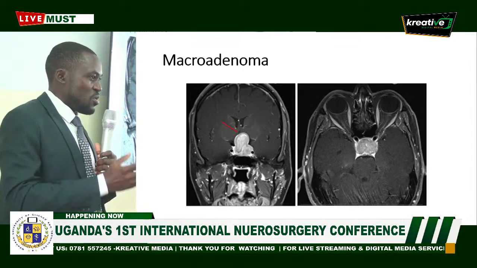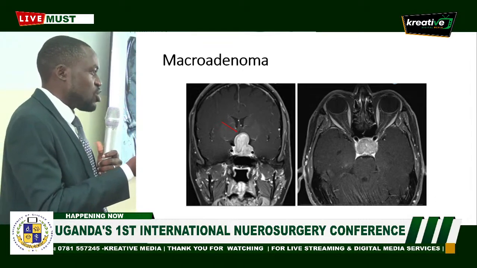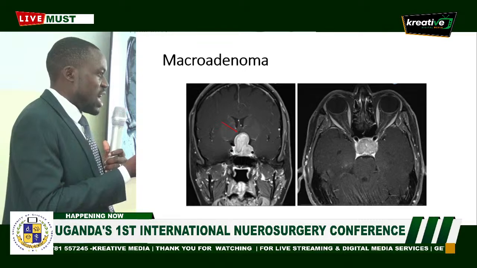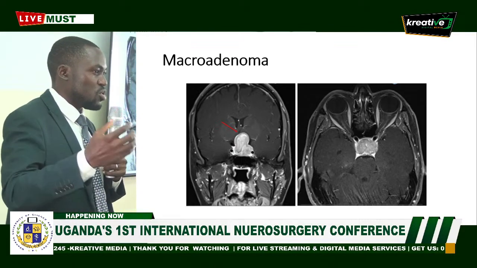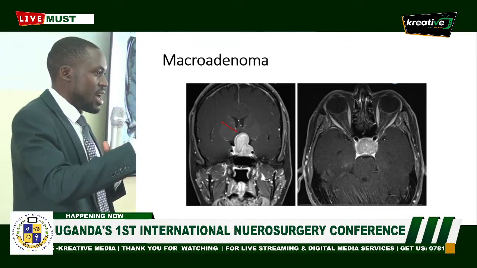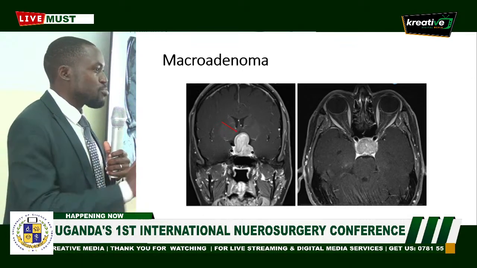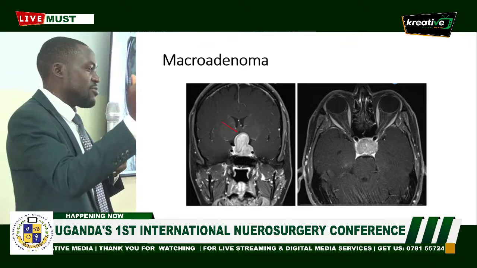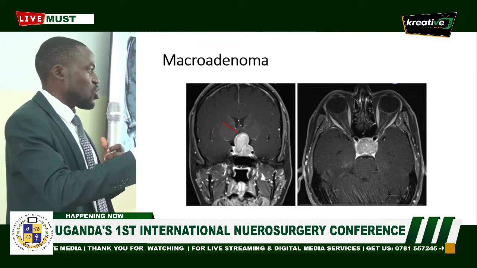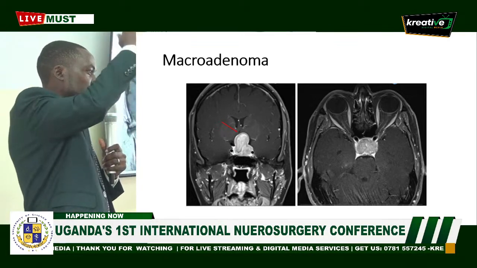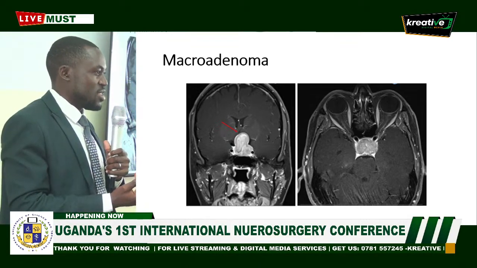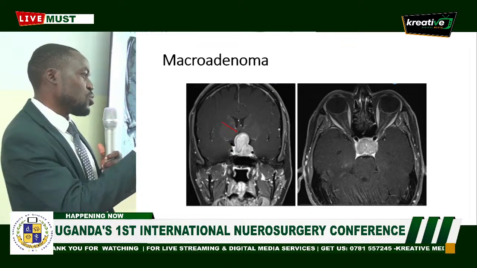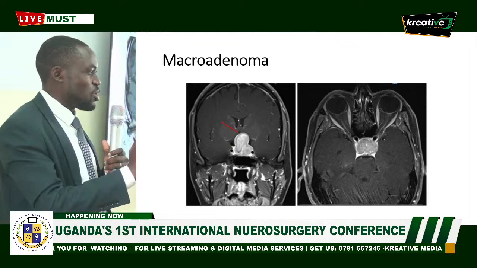The macroadenomas are a little bit soft, so they will not invade or displace the diaphragma sellae so uniquely, but they will protrude through, and the diaphragma sellae is still causing some indentation on it. So you have something bulging superiorly and inferiorly, and that gives you the figure of 8.